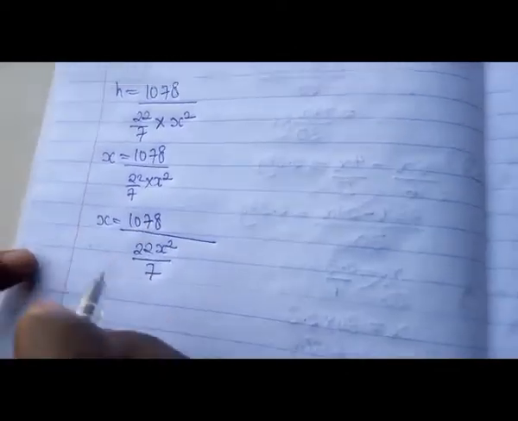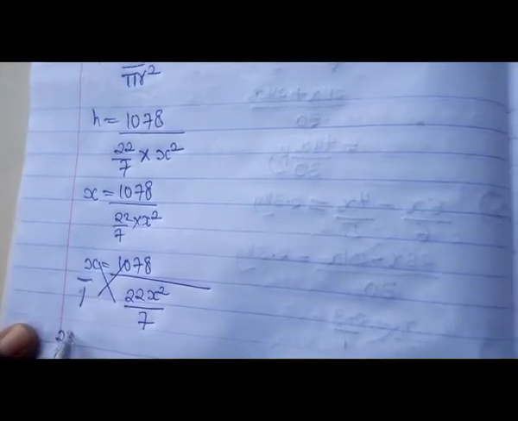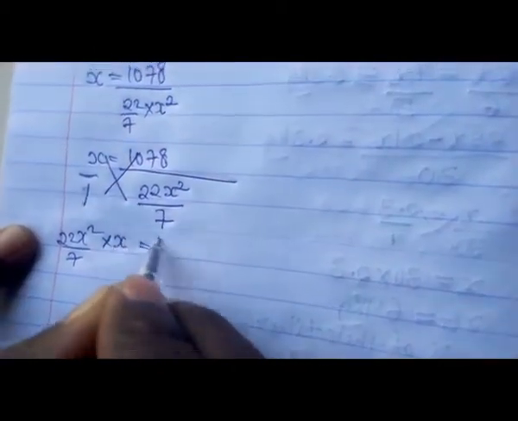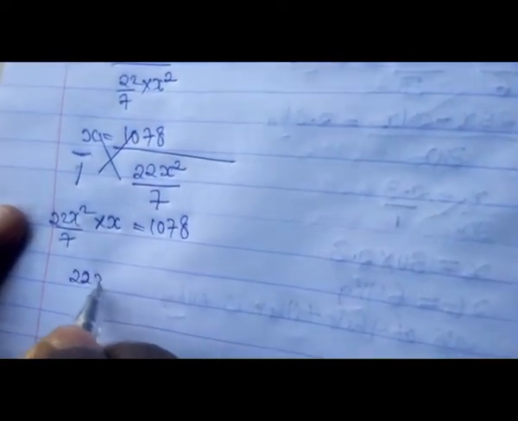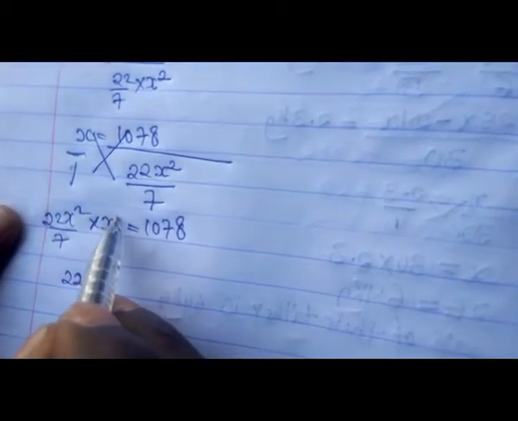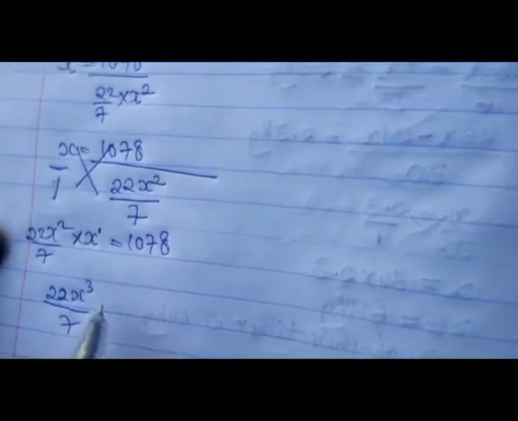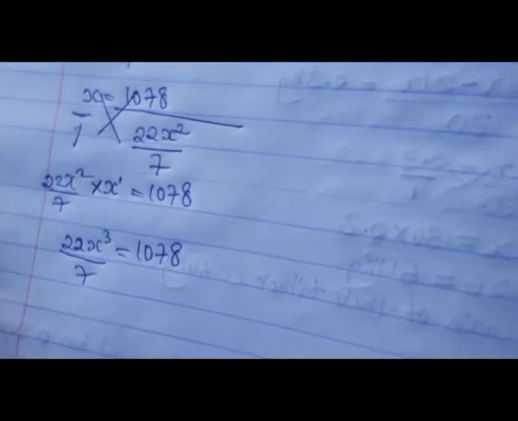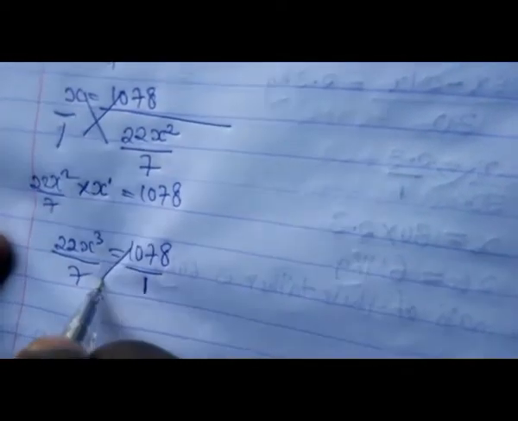So let's cross multiply. 22x squared over 7 times x equals to 1078. Therefore, it becomes 22x cubed. X squared times x becomes x raised to power 3, over 7, equals 1078. Then we cross multiply again. This one is the one since it doesn't have a denominator.